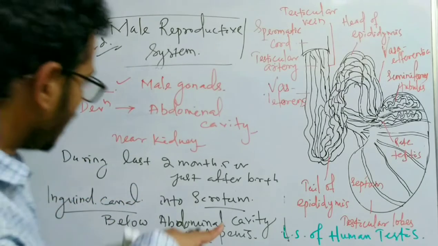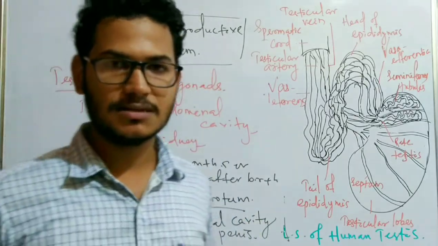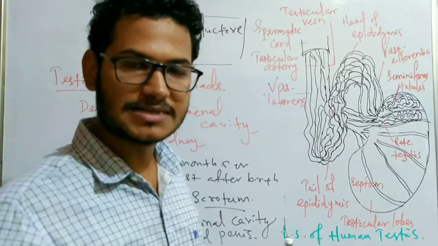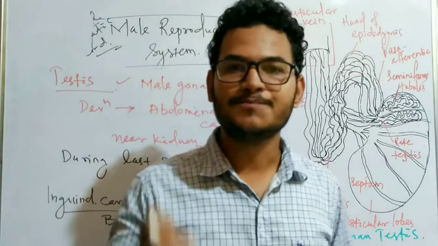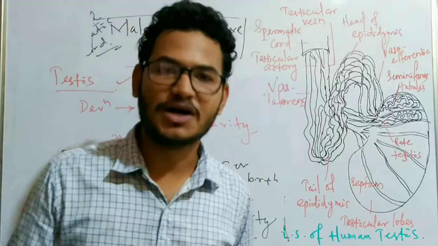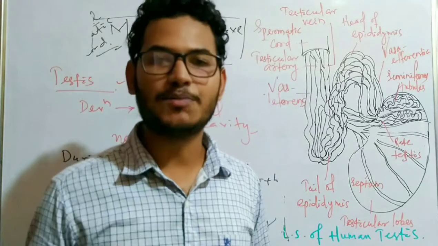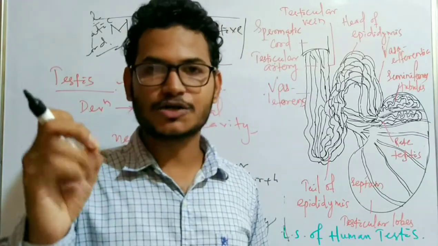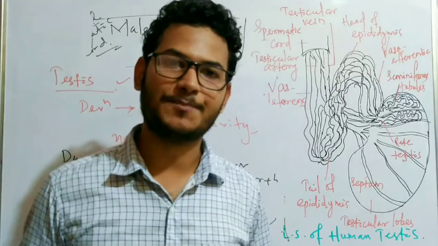It is present outside the abdominal cavity, so it is vulnerable to injury. But it has a reason for being outside, and the reason is that sperm cannot be formed at body temperature. So the testis comes out of the abdomen into the scrotum in order to maintain a temperature 3 degrees less than the body temperature.